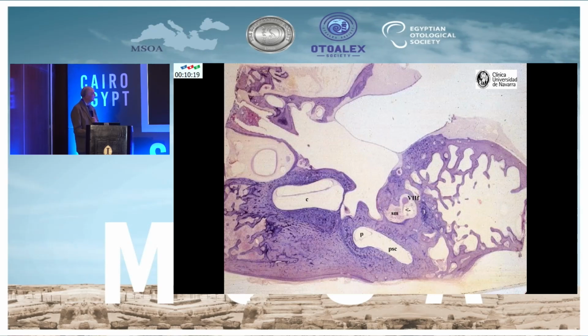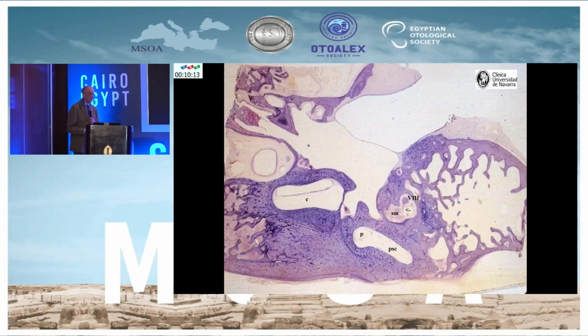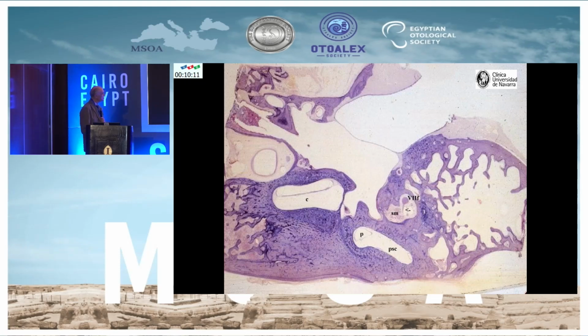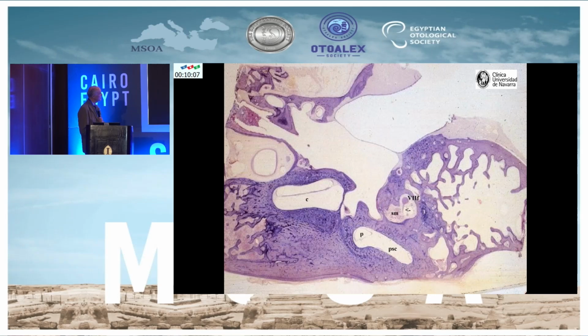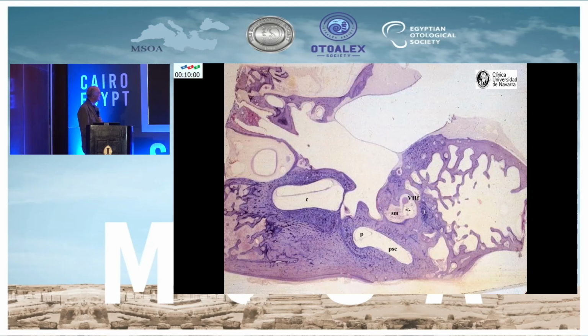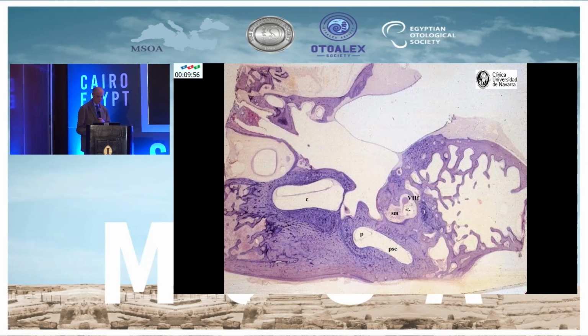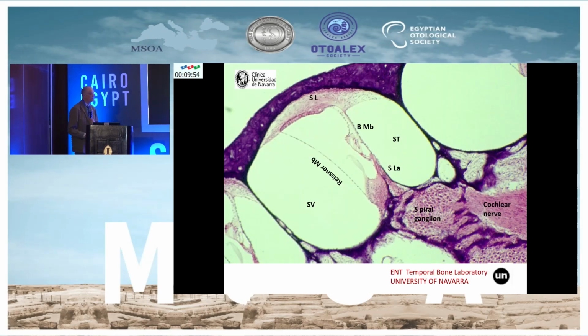So you can see how our approach in, for example, cochlear implant surgery goes through the mastoid, through the posterior tympanotomy between the facial nerve and the chorda tympani, and how we can get to this space that corresponds to the scala tympani.